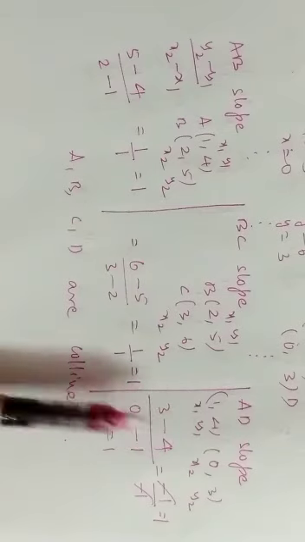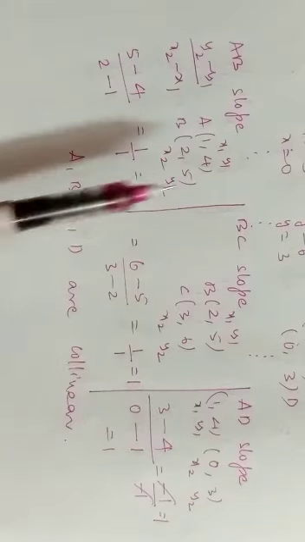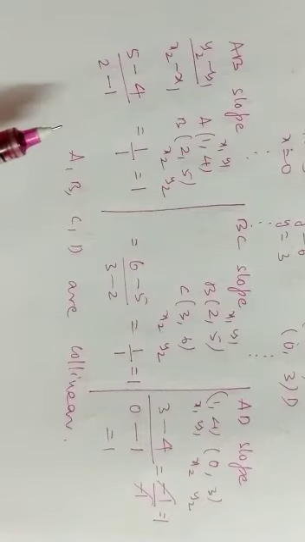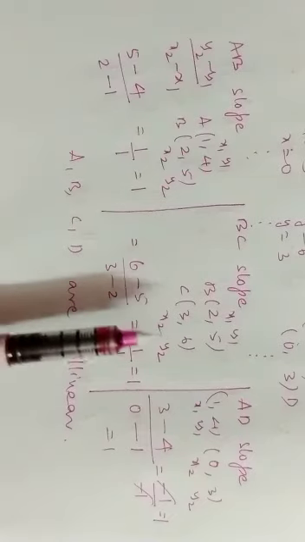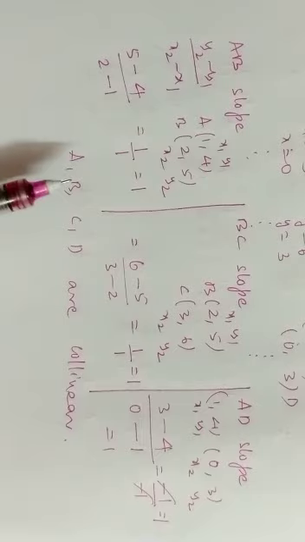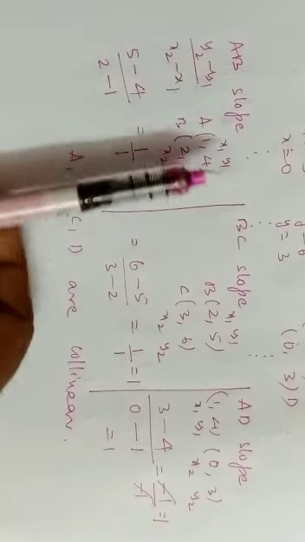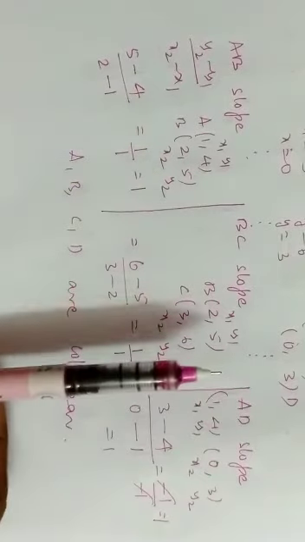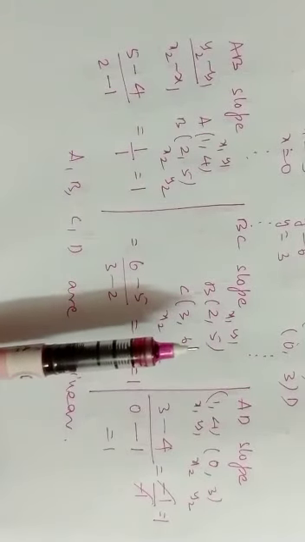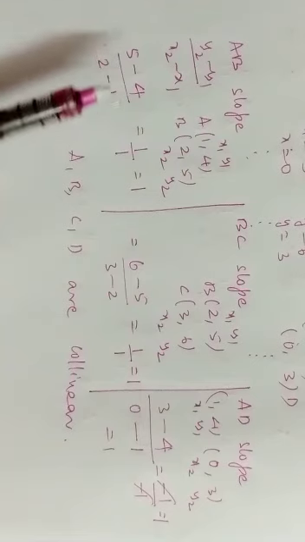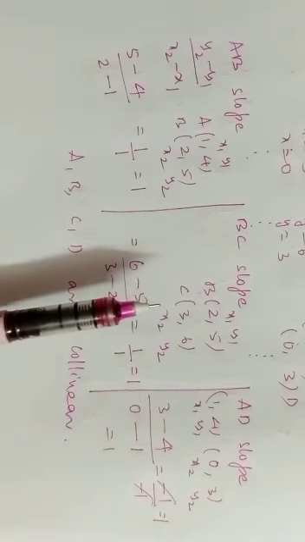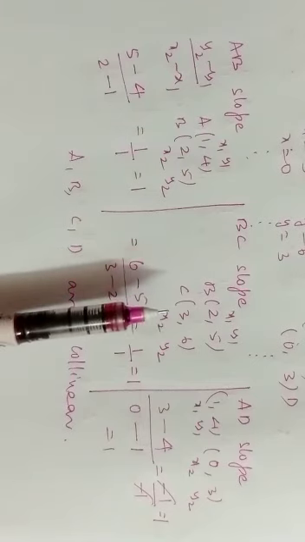All the 3 slopes are equal, so points are collinear. If 3 points are given, find any 2 slopes of your choice. If those 2 slopes are equal, then the points are collinear. If 5 points are given, A, B, C, D, E, find any 4 slopes of your choice. If the 4 slopes are equal, then the points are collinear.